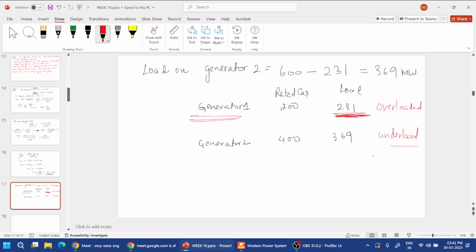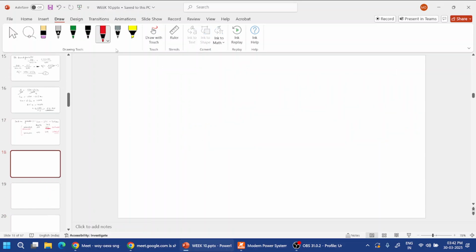You can see here an extra 31 megawatt will be there, and it happens due to the difference in the droop characteristics. Okay, so let's assume both have 5% droop characteristics. How will it be?